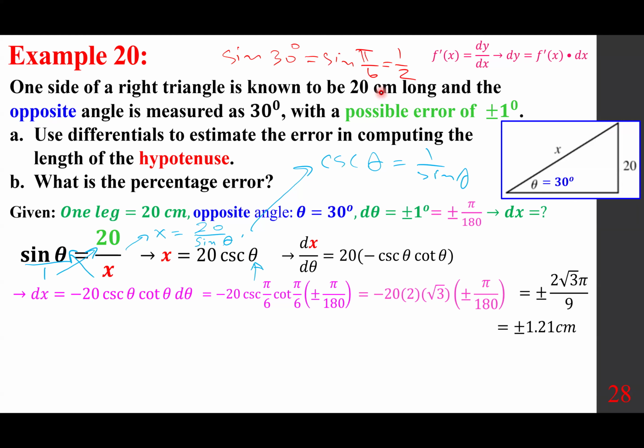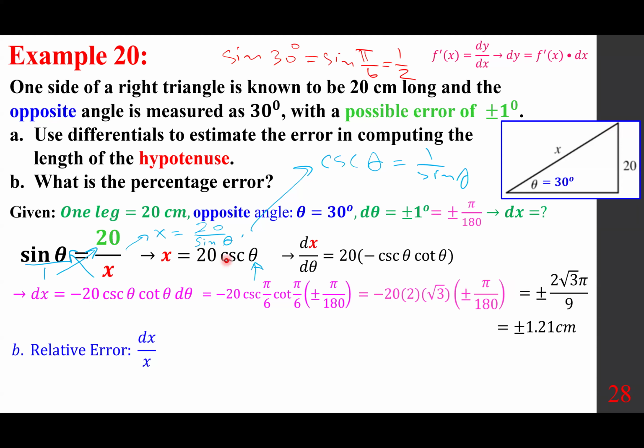Now, as far as the second part, the percent error or relative error, by definition is dx over x. In other words, the amount of the error over the actual amount that it's supposed to be. So for the amount of error, I'm going to stick with this one because it's exact. But what is x?